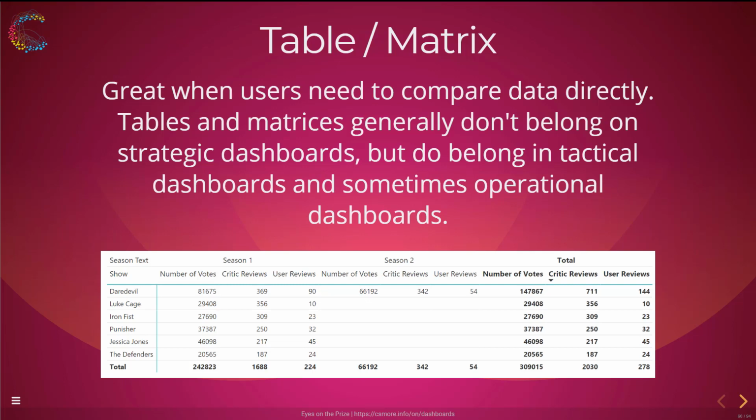If a person has a 40-inch 4K screen and they want to see a table of values, if they can make more sense from the numbers than from visual, it's okay to throw it on there. Strategic dashboards typically should not have tables because with a strategic dashboard, glanceability tends to be more important than drilling in.